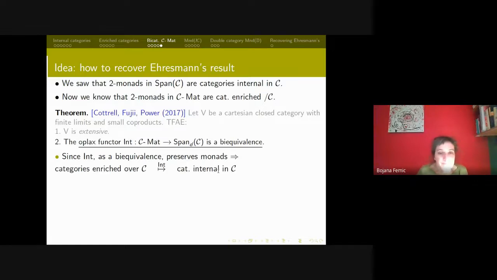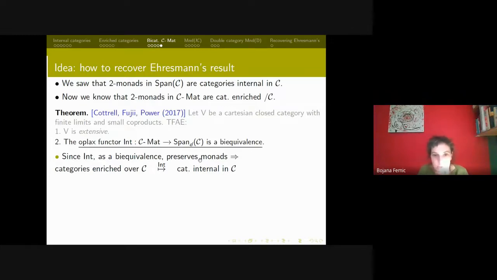Then, okay, let me state it literally first. Monads in this bicategory CMAT, we proved that they are categories enriched in C. So then we see that categories enriched over C are mapped by this biequivalence Int into monads in this span C, which are categories internal in C. Well, actually, since this biequivalence goes into spans which are discrete, I didn't write it here, but this image object will be a discretely internal category in C, okay?